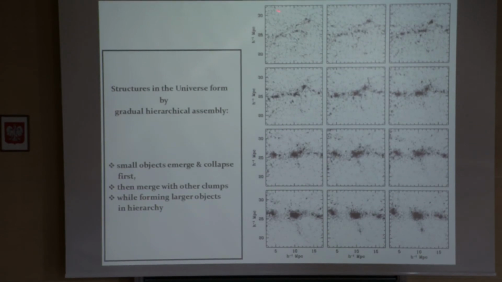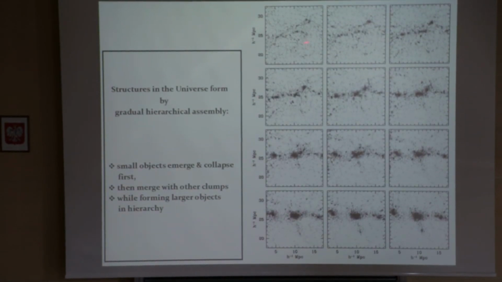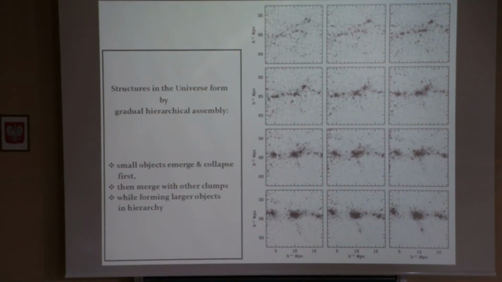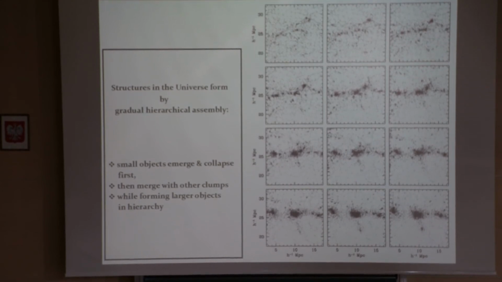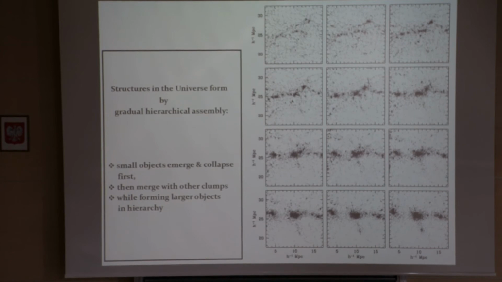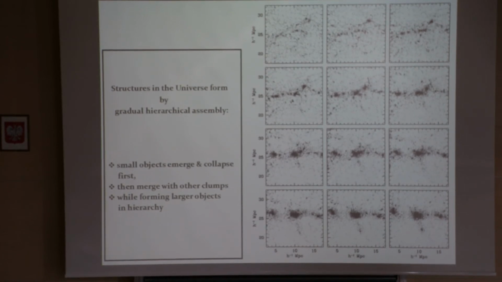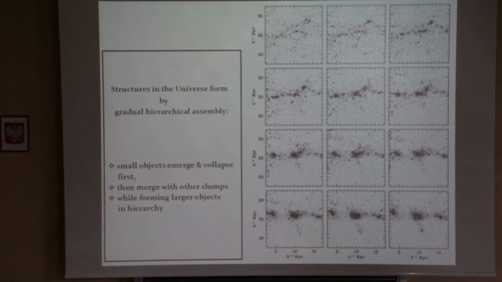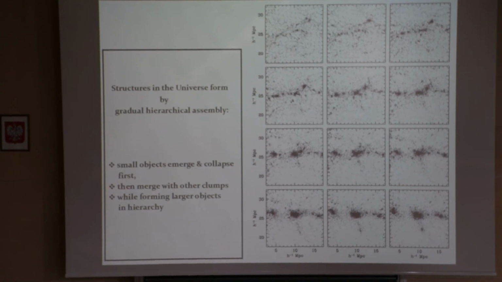What that meant is that in the original box you have some small clumps, and these small clumps were emerging from small fluctuations, small in terms of size. But given the spectrum implied by the cold dark matter, the fluctuations on these small scales had the highest amplitude, and therefore they were the first ones to collapse.